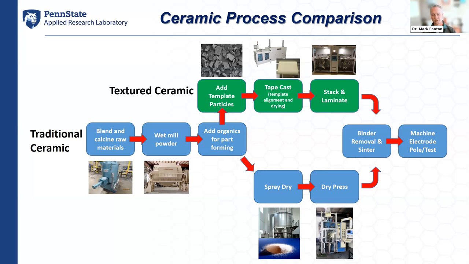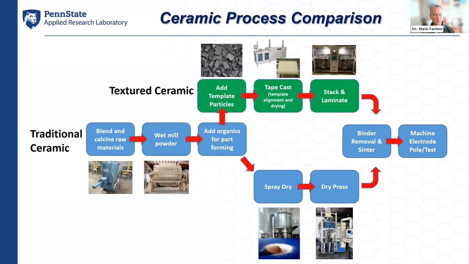So for the textured ceramic process, in the wet stage, after the material is milled and before it's dried, we add large template particles to that slurry, and then step through. In our case, today we're going to talk about tape casting as the process for drying that slurry into a form that can be used for building a green body. And we'll talk on the next slide about why we do that.